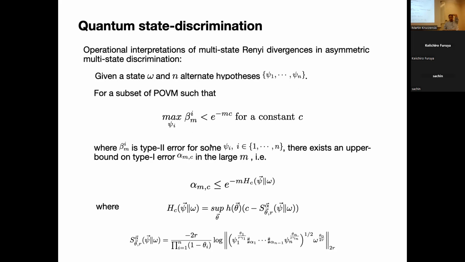You do the same thing: you put the constraint on beta, and then you optimize alpha. Again, the upper bound could be given by, which is our conjecture, our multi-state Rényi divergences. This is one possible connection to physics. We still don't know.